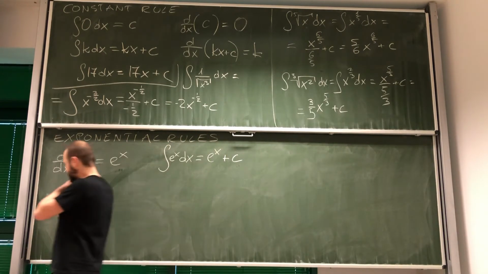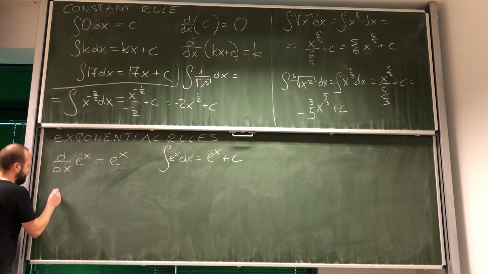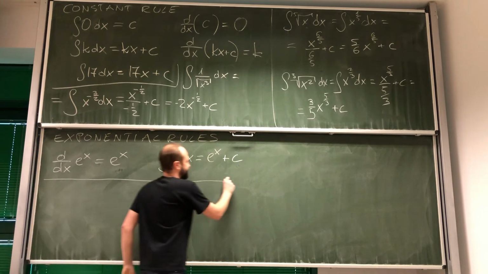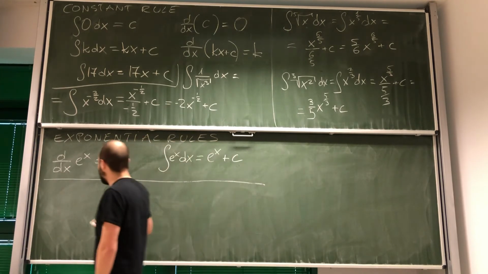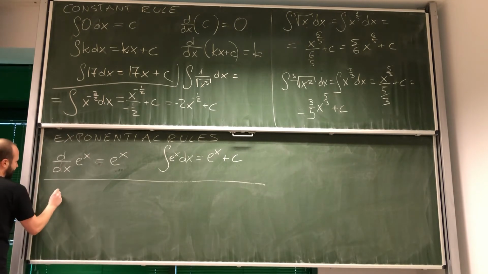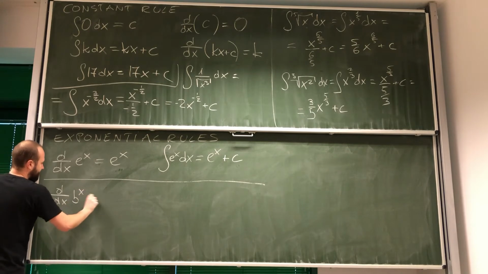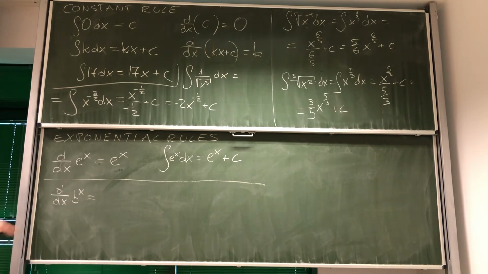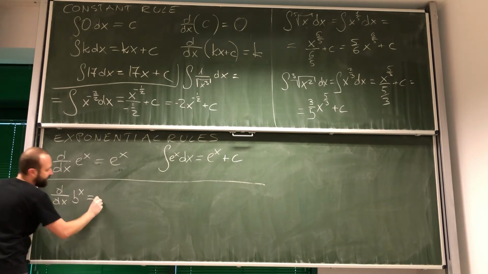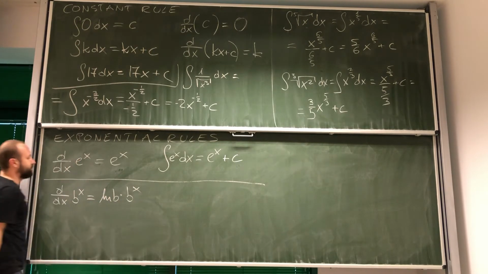Okay, so now that we've dealt with this, how about a different case? What if now I want to differentiate function b to the power of x? We remember that this derivative gives us ln b times b to the power of x.